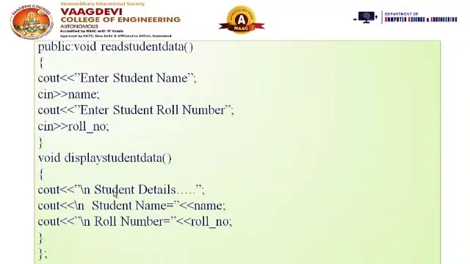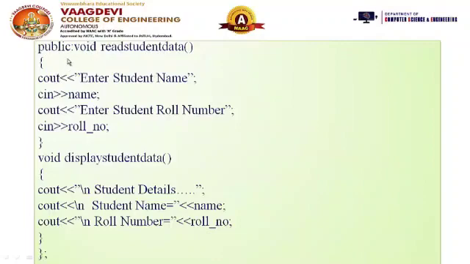In C++, the member function can be defined inside the class or outside the class. Here I am defining the functions within the class, and the functions are read student data and display student data. The members that are defined under the public section are called public members.